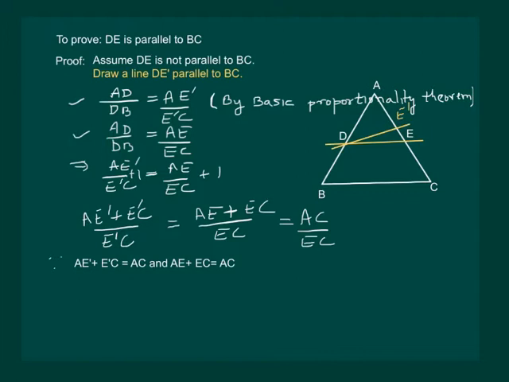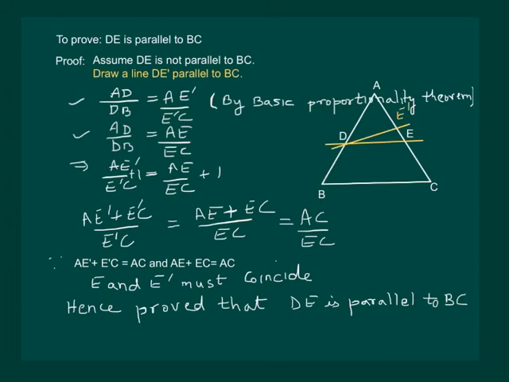We can see that E and E dash must coincide. Hence we have proved that DE must be parallel to BC.